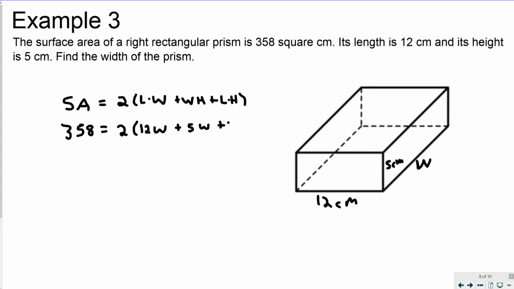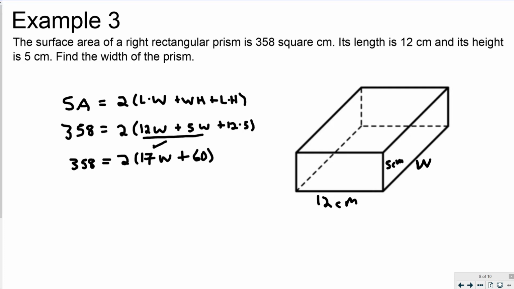So 12 times 5. So what we will get is that 358 is equal to 2 times 17W plus, and then 12 times 5 is 60.